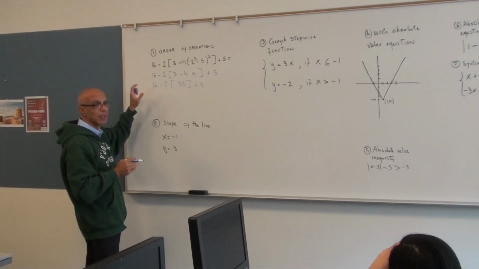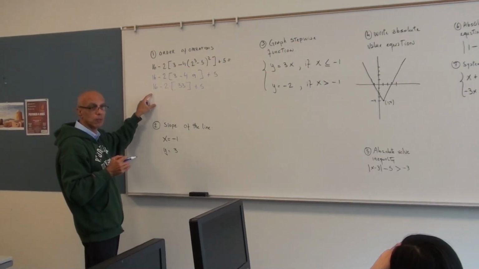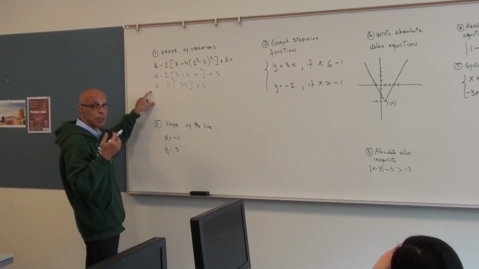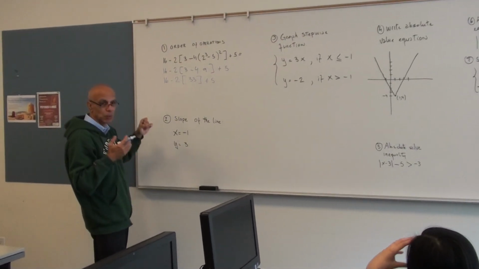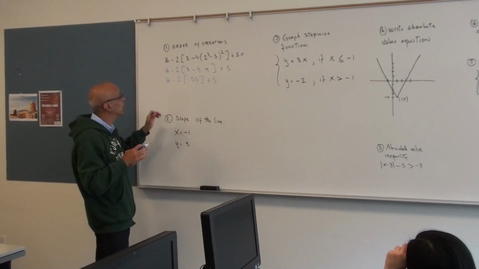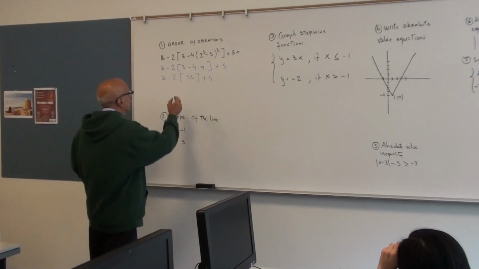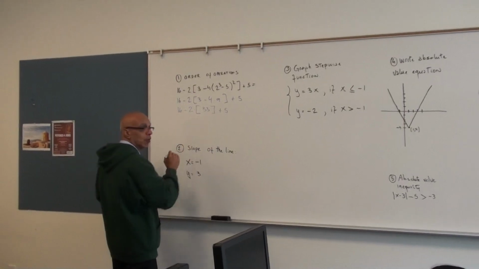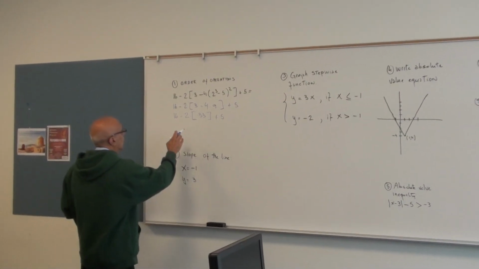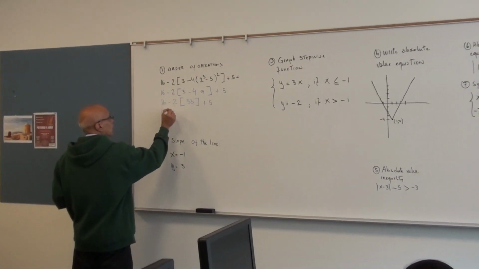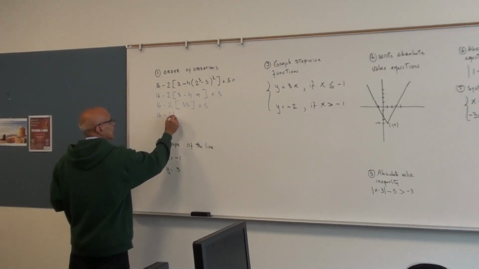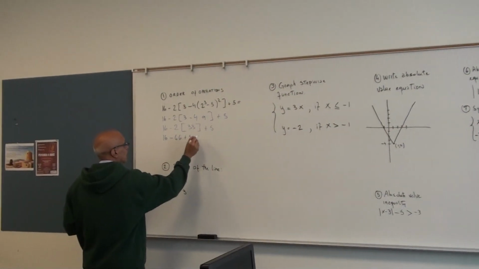Make sure you get this question right in the next midterm. We're going to have midterm number 2, and this question is going to be there again. So make sure you get that one, okay? And I'm sure it's going to be on the final. So 16, you do the product first, it's going to be 66 plus 5.